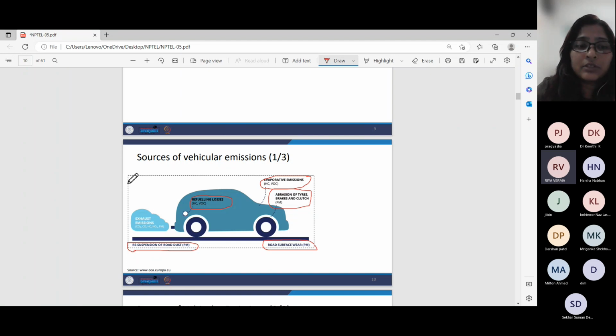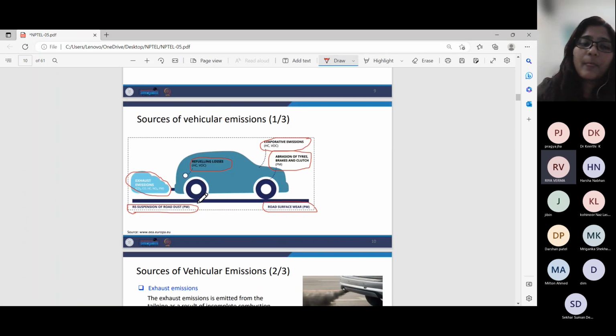Then exhaust emissions. Basically, these are tailpipe emissions generated from the tailpipe of your car, and these include CO2, carbon monoxide, hydrocarbons, NOx, and particulate matter.